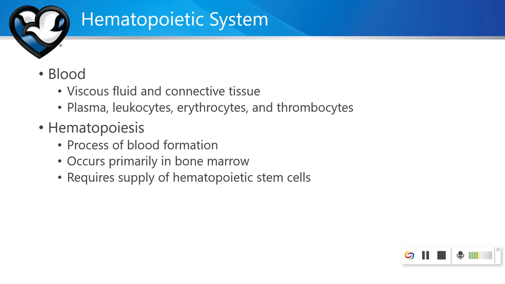Blood is considered a viscous fluid and a connective tissue. Blood completes its tasks through its various components, which include plasma, leukocytes, erythrocytes, and thrombocytes. Plasma is a transport medium that carries the blood cells as well as the antibodies, nutrients, electrolytes, hormones, lipids, and waste products, with albumin being the most abundant.